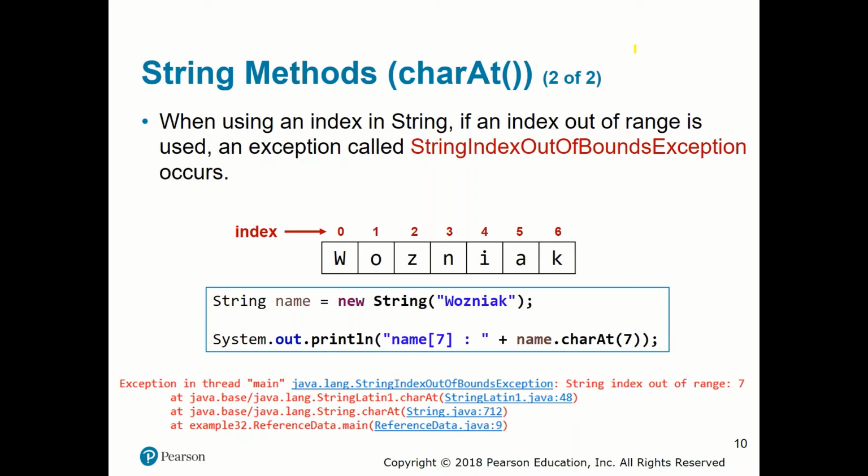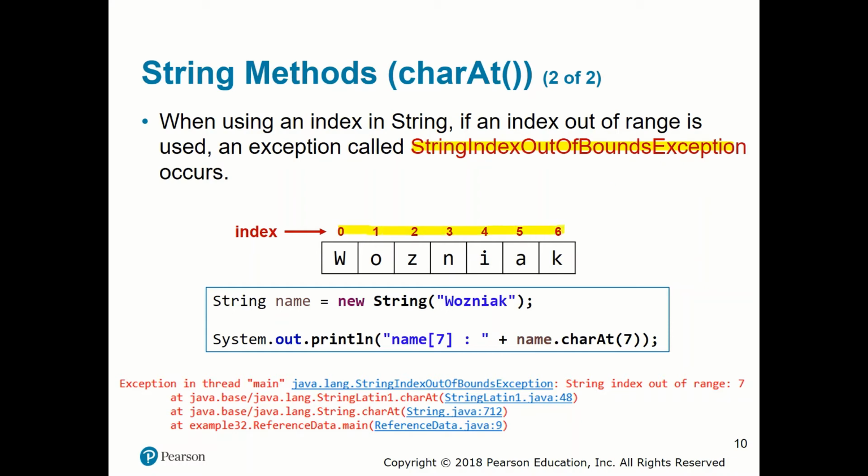There is one thing you should be careful about when using an index in a string. If an index out of range is used, an exception called StringIndexOutOfBoundsException occurs. An exception is a kind of error. You will learn about exceptions later. For example, there is no index 7 here.